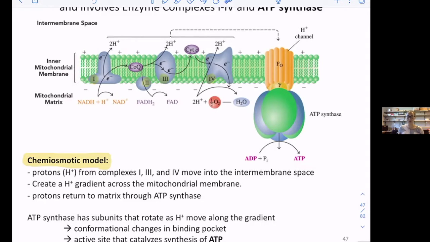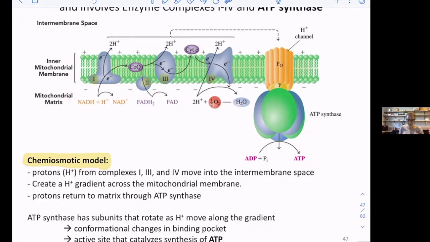In order to get the protons back, protons return to the matrix through an ATP synthase. That's this big guy over here. It's an enzyme complex; I think it's technically 4 different enzymes all together. The hydrogens go from the intermembrane space through a hydrogen channel in the ATP synthase, and the energy from the positive charge moving down that gradient is what powers the ATP synthase, the enzyme that actually makes ATP.